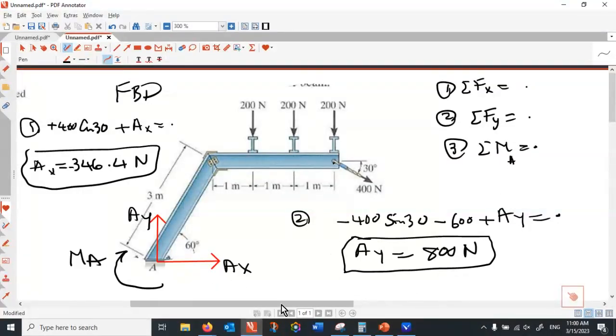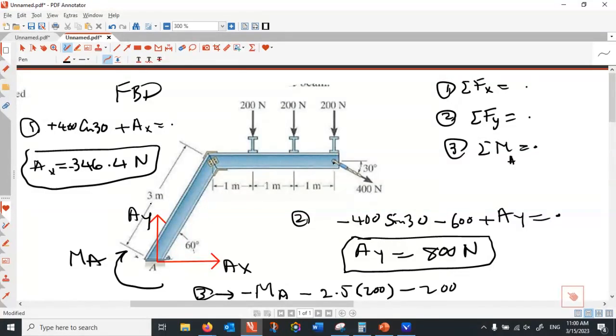So the third equation, third condition, is my MA minus MA, because that's clockwise, minus 200, where the arm of rotation is 3 cos 60. Cos 60 is half, so this is 1.5, this is 2.5, times 200, and then minus another 200.